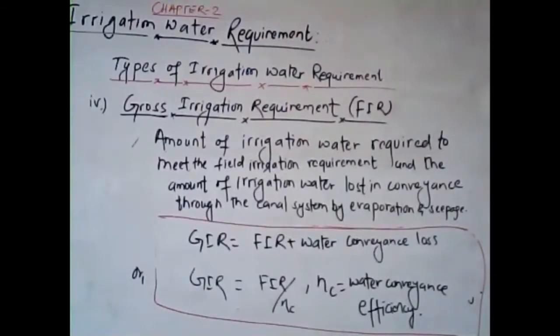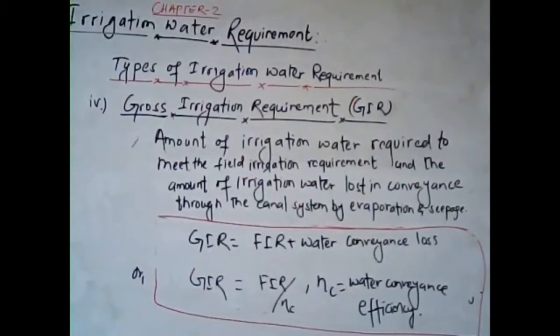Now the fourth type of irrigation water requirement is the gross irrigation water requirement, GIR. GIR is the amount of irrigation water required for meeting the field irrigation requirement, as well as to meet the water lost during conveyance through the canal system, mainly by seepage and evaporation loss.